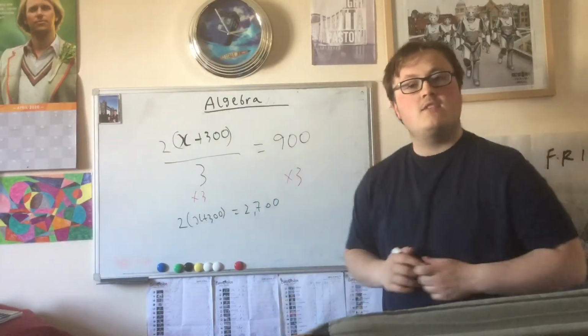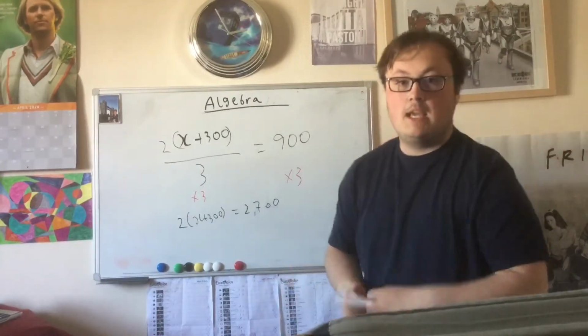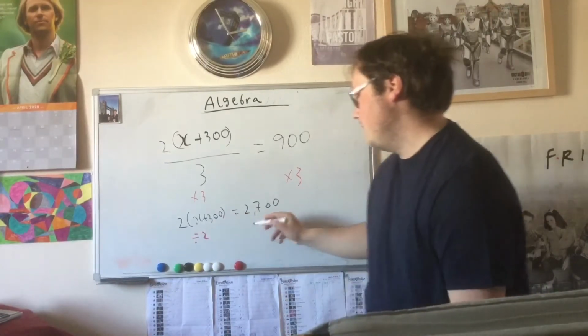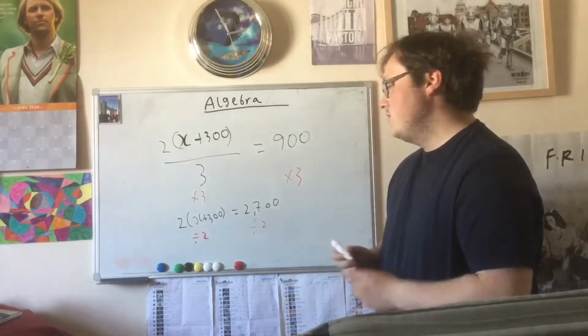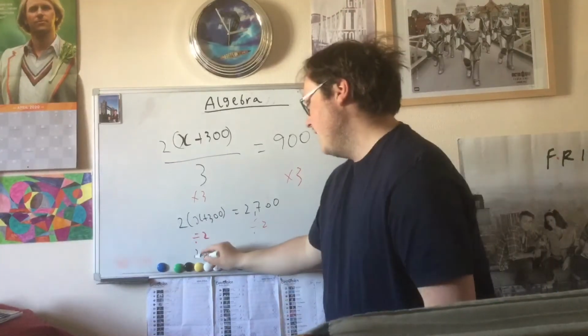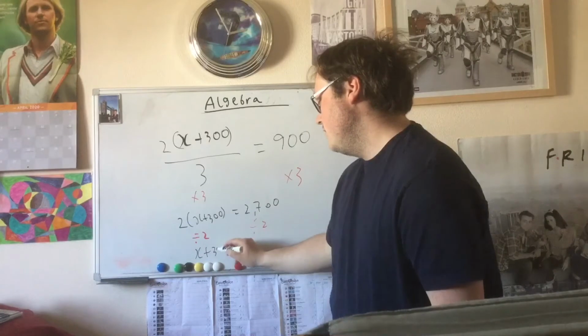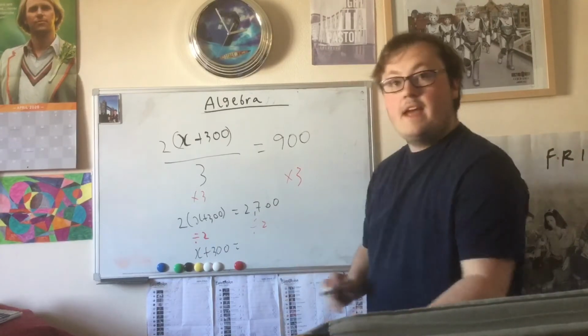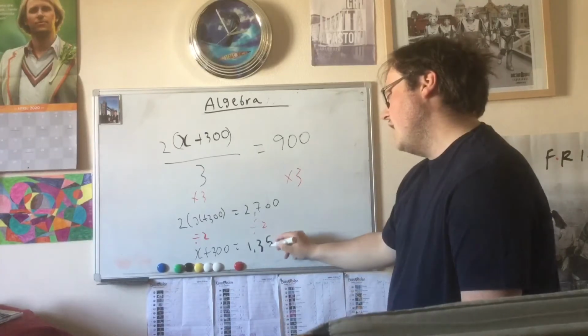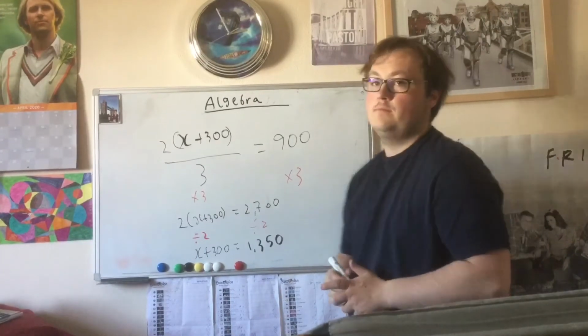Now I want to get rid of that 2 outside the brackets, so I'm going to be dividing by 2 on both sides. So 2 brackets x plus 300 divided by 2 will just be x plus 300. 2,700 divided by 2 will be 1,350 pounds.